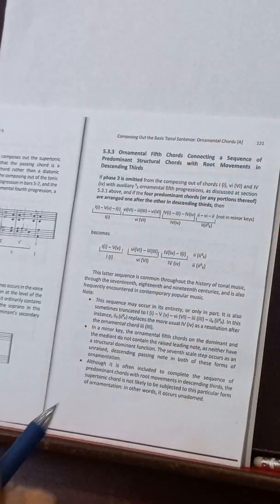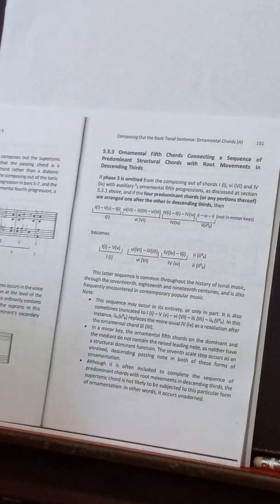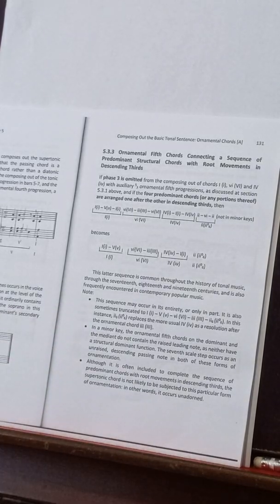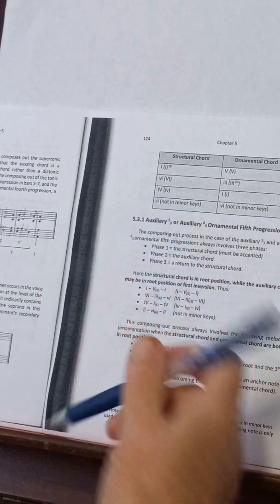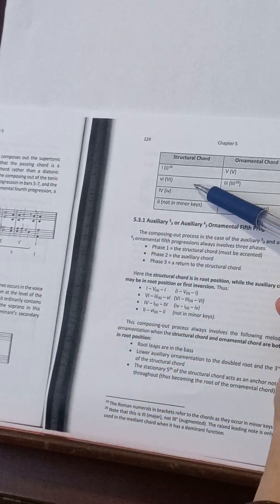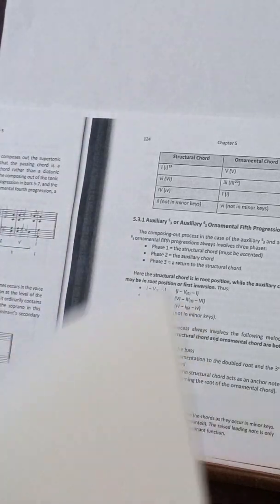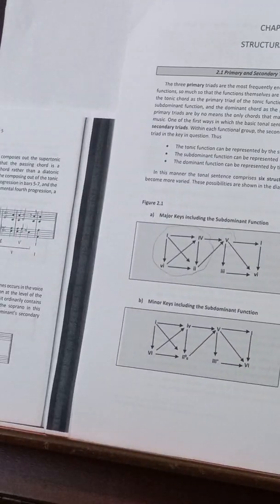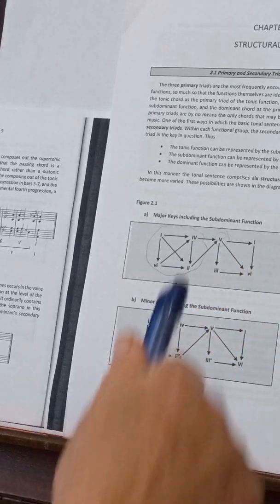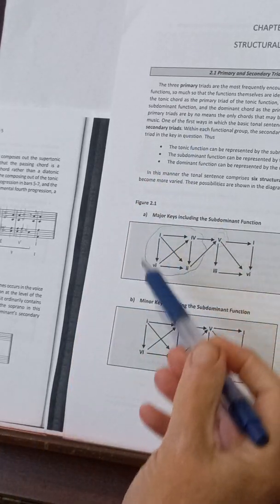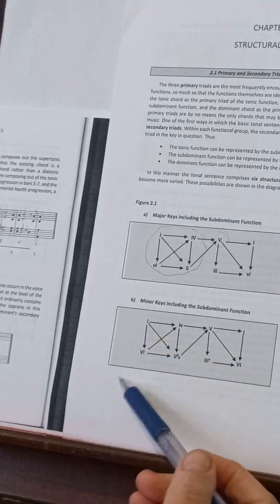Now let me just remind you that what we said about the ornamental fifths is that they are applicable, remember, page 124, to the 4 predominant chords. If you are in your structural tonal sentence, the 4 predominant chords, in your structural harmony notes, are 1, 6, 4 and 2.